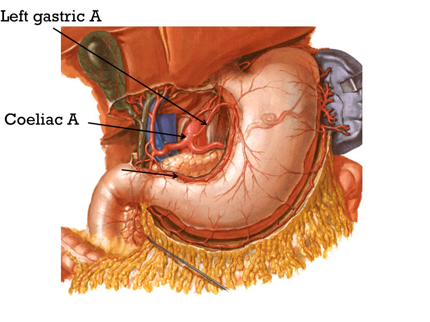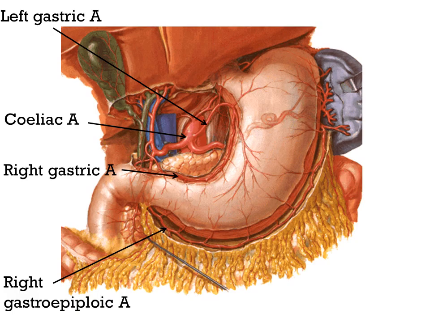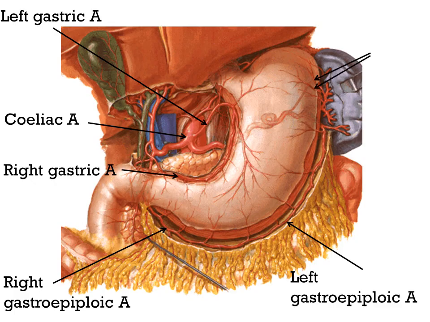This one is the right gastroepiploic artery or gastromental artery, and this one is the left gastroepiploic artery, a branch of the splenic artery. Those are the short gastric arteries, also branches of the splenic artery, that supply part of the fundus of the stomach.